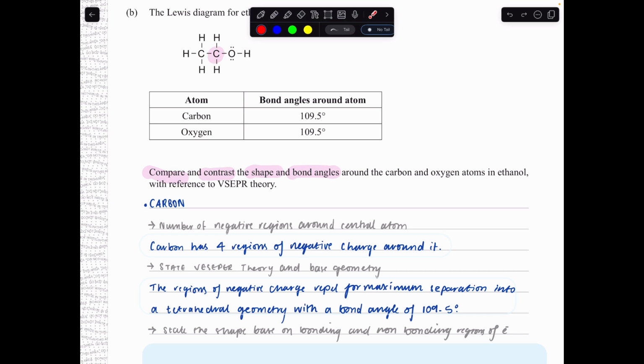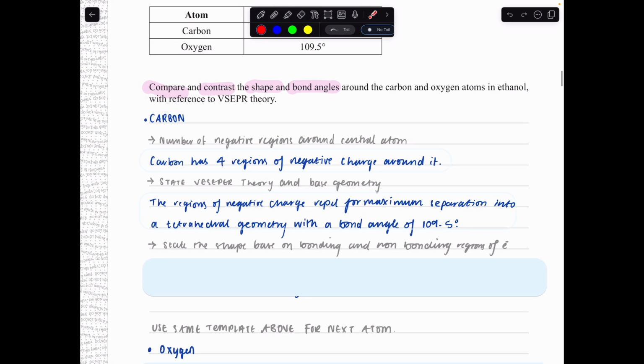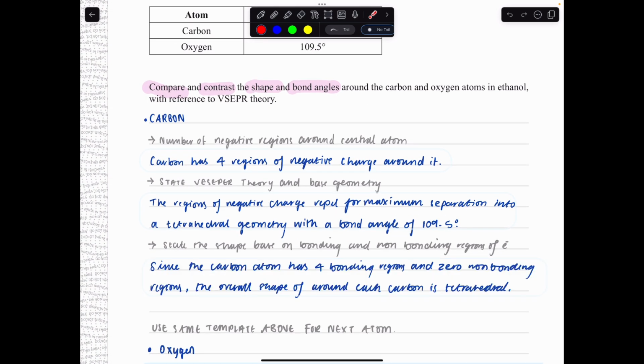There are no lone pairs around the central atom, carbon. So here's what I said. Since the carbon atom has 4 bonding regions and 0 non-bonding regions, the overall shape around each carbon is tetrahedral, same as the geometry. So the geometry and shape will be the same as long as there are no lone pairs of electrons.